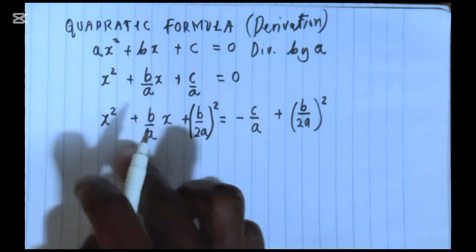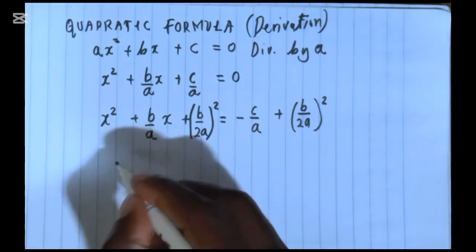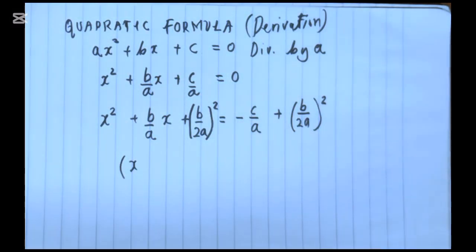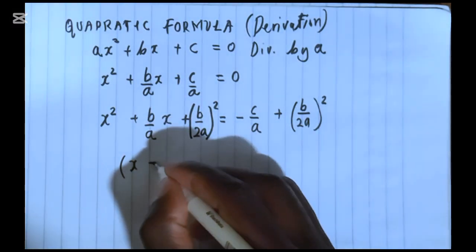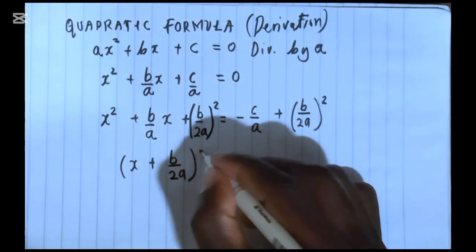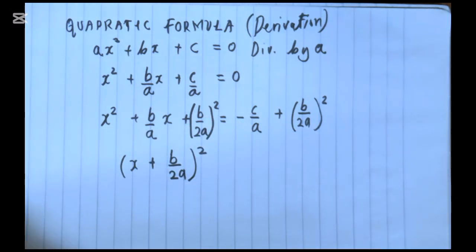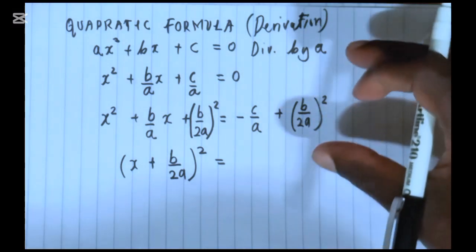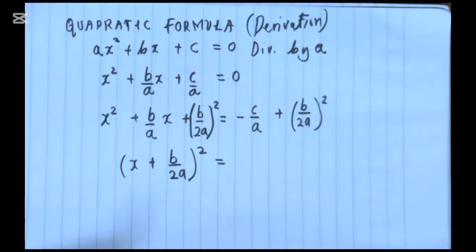Okay, so when we are factorizing the left hand side, note we are going to take x and whatever we have in the bracket. So it's going to be x plus b all over 2a, all of that squared. And that will be equal to, now we are going to try and simplify whatever we have in the right hand side of the equation, as that is where most of the work of this derivation is.